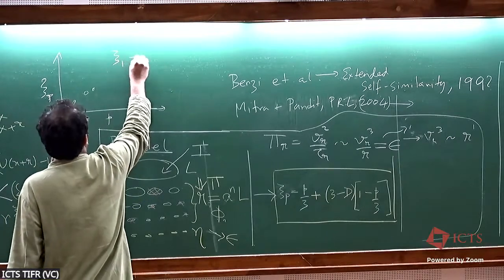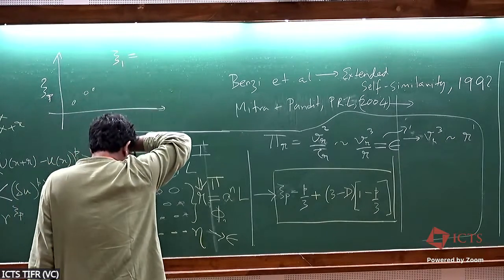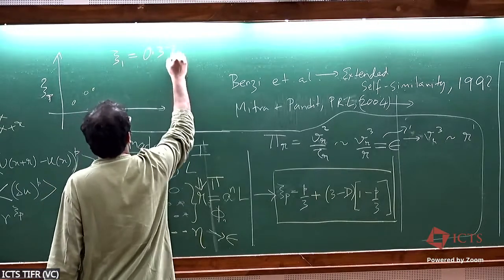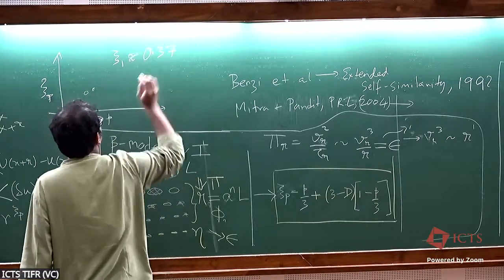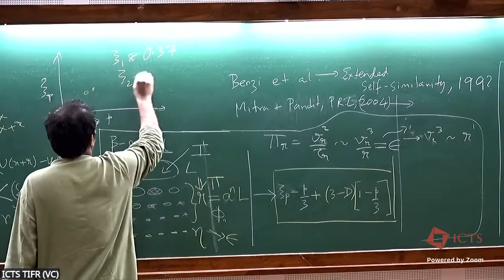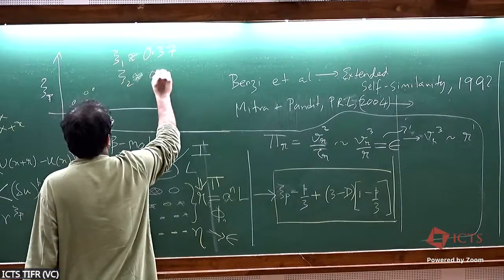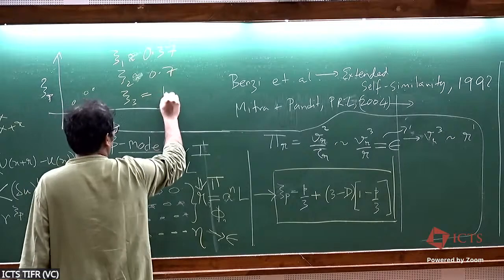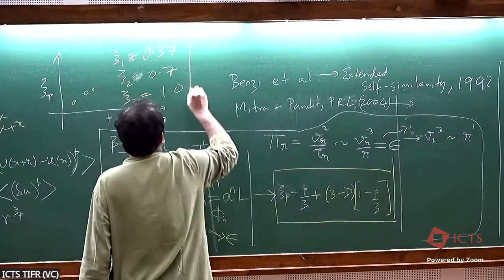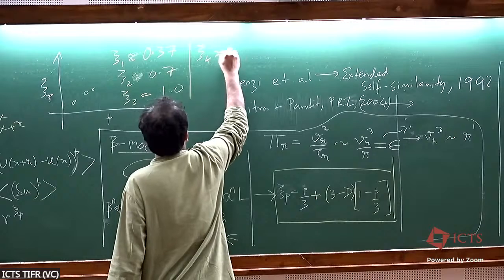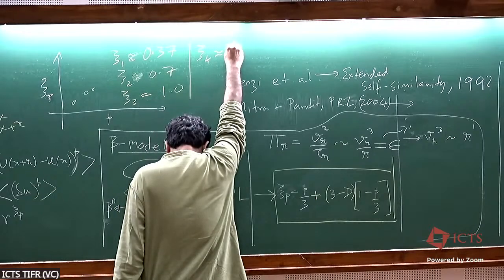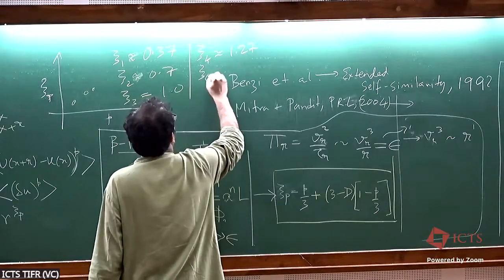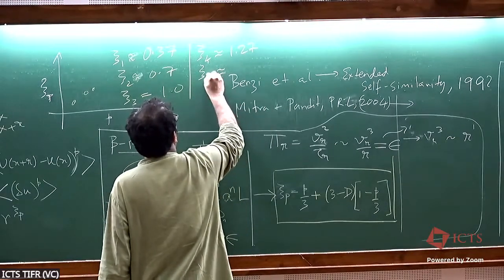Zeta 1, the number turns out to be 0.37, perhaps. Don't take them too seriously, but this is, I think, what happens. If there are any turbulent students in the audience, feel free to correct me.